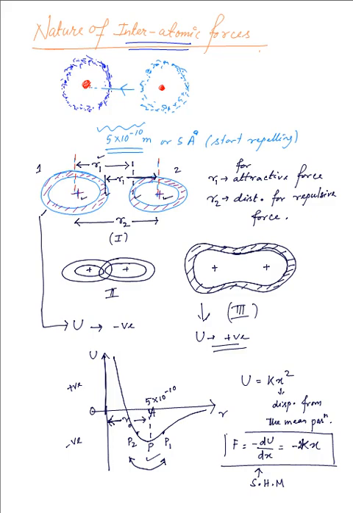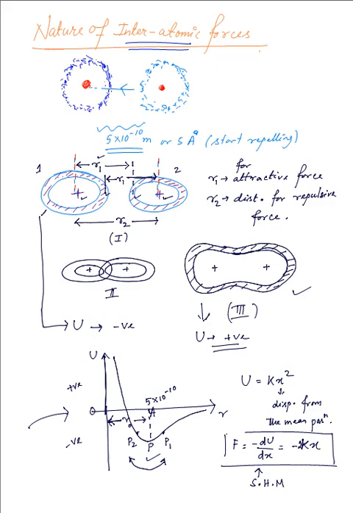So it is this repulsive nature, which is proved by this variation, that gives bodies their definite size, and to some extent the shape of the bodies as well.